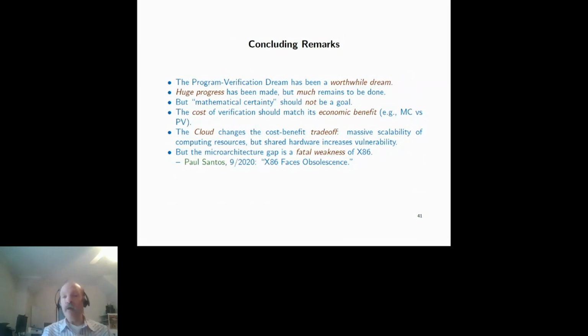But shared hardware increases vulnerability. And the microarchitectural gap between the logical model and the physical model is a fatal weakness of x86. And I don't know that x86 can recover from that. There are other problems with x86, which is why people were already predicting, as of last year, that it faces obsolescence. It was an amazingly successful architecture.